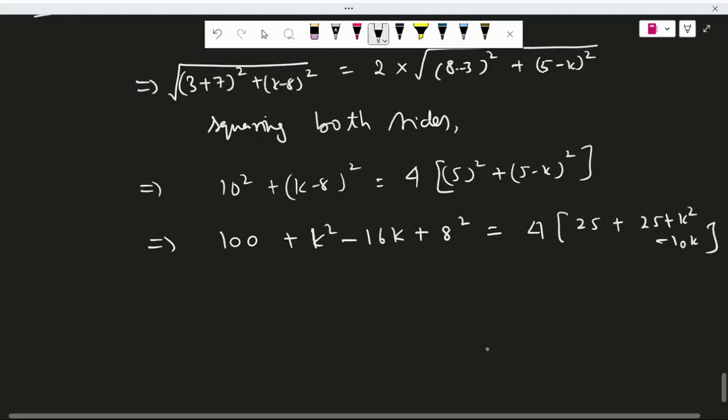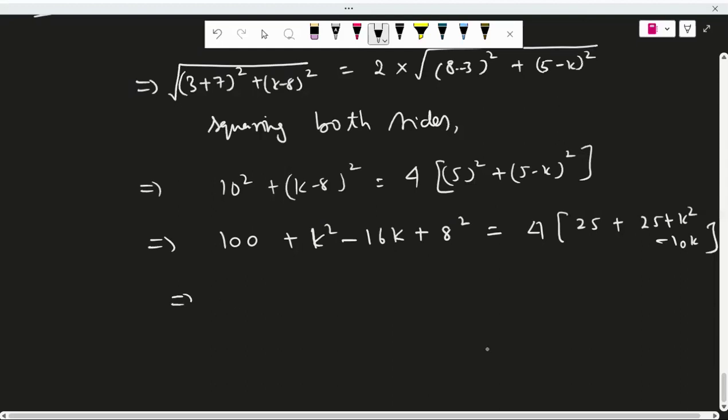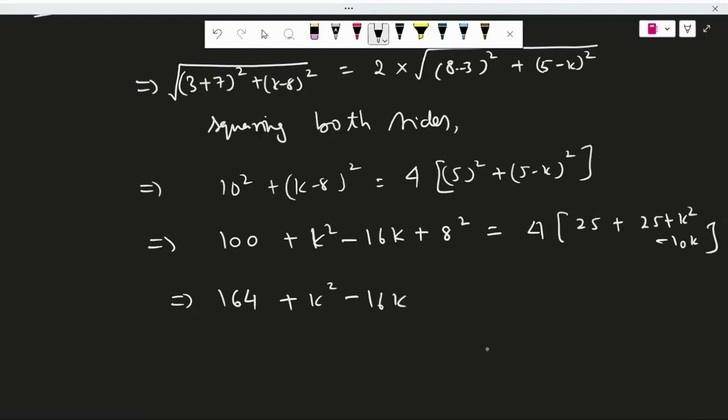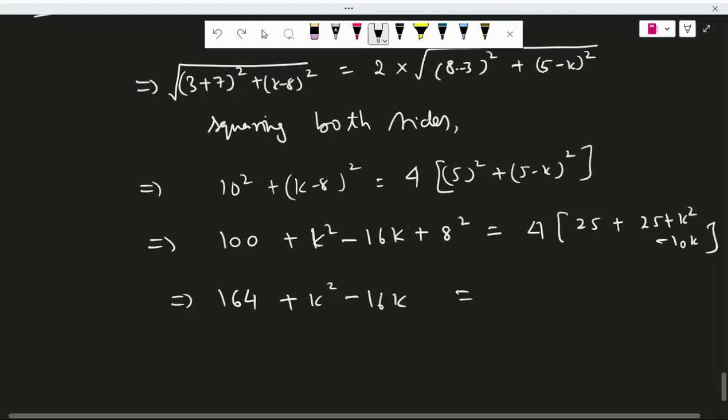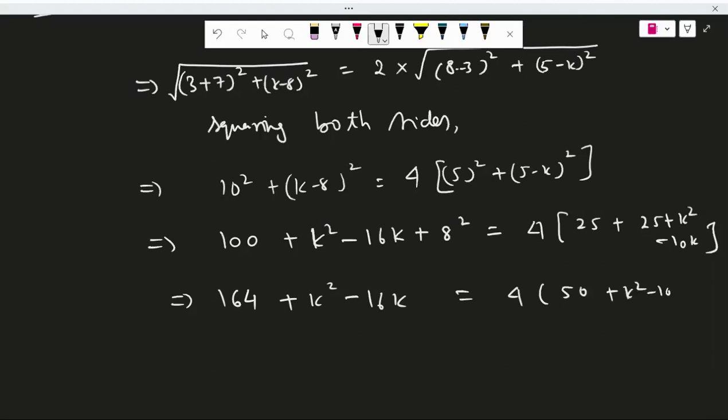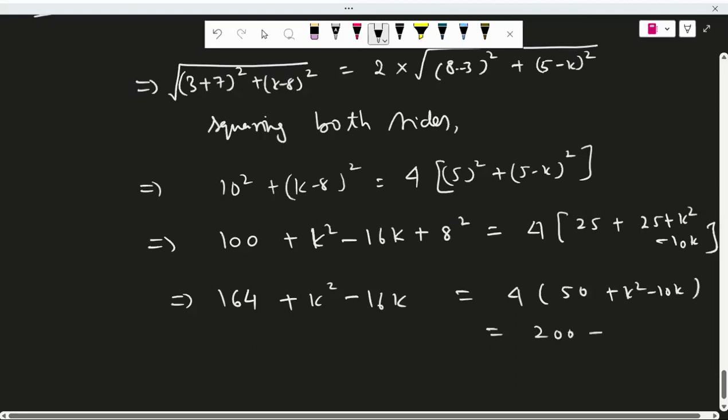So 100 plus 64 becomes 164, plus k square minus 16k equals, it's not 100 actually, 4 into 50 is 200, plus 4k square minus 40k.